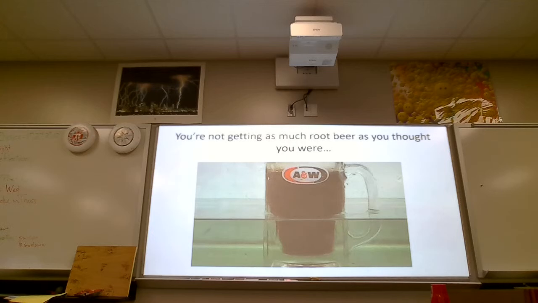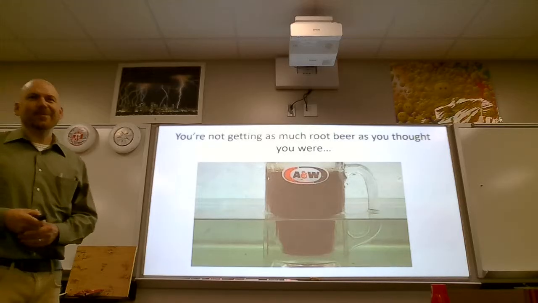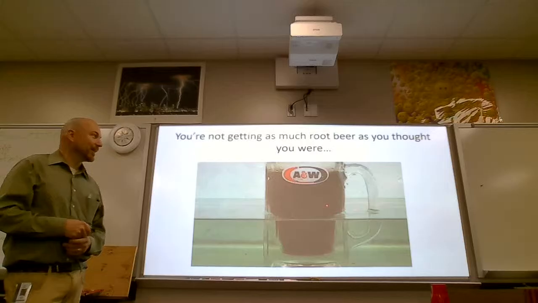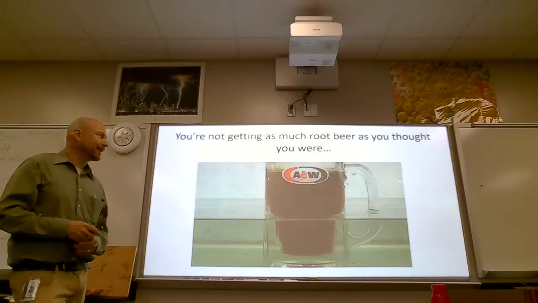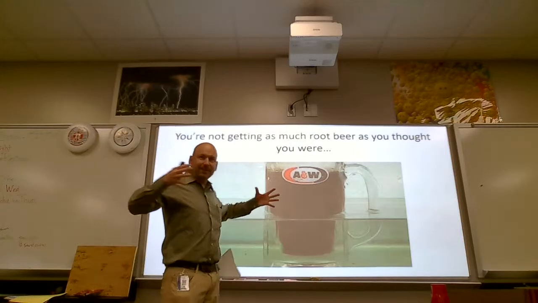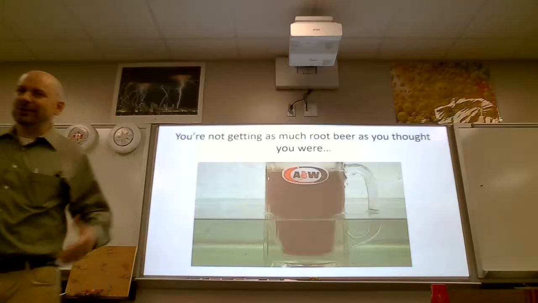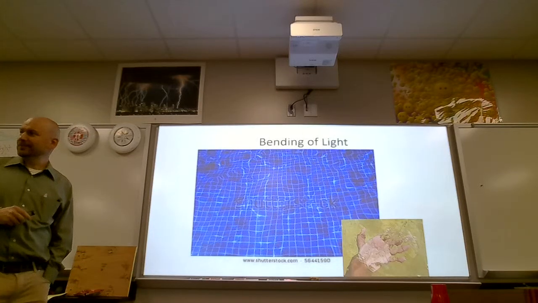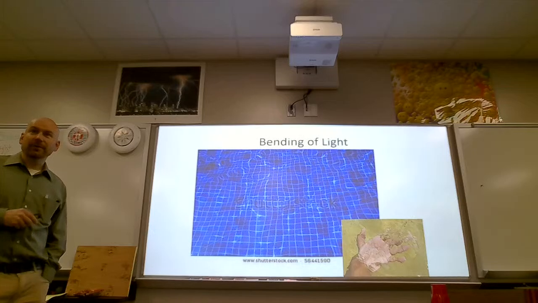But if you've ever thought the glass is super thick, you're only getting that much root beer, even though it looks like you're getting that much root beer. Oh, got had. Okay, because the light is refracting, and it looks like it goes from edge to edge. This is how you get wavy lines in a pool due to refraction.